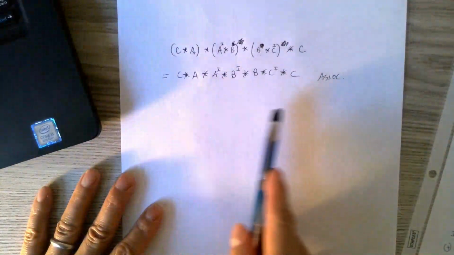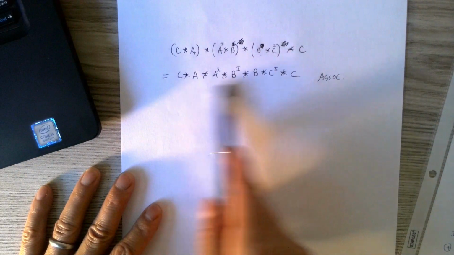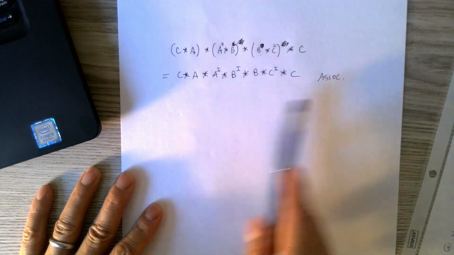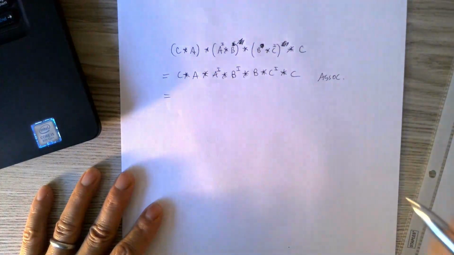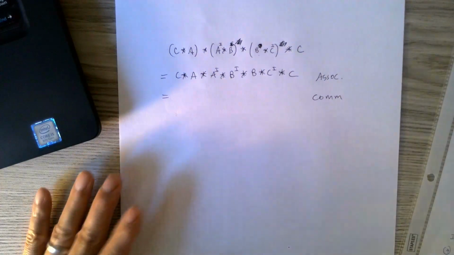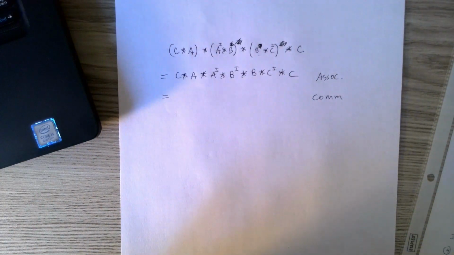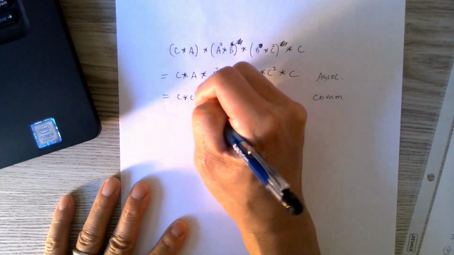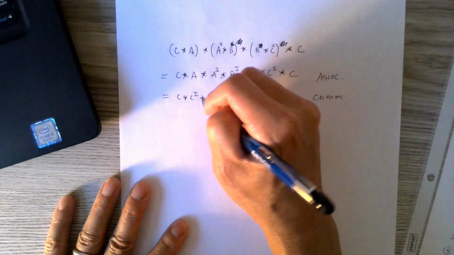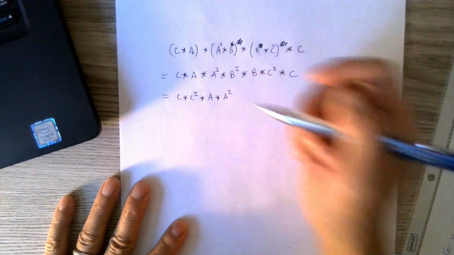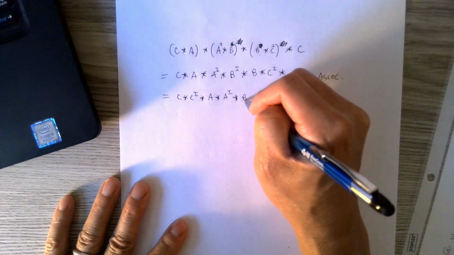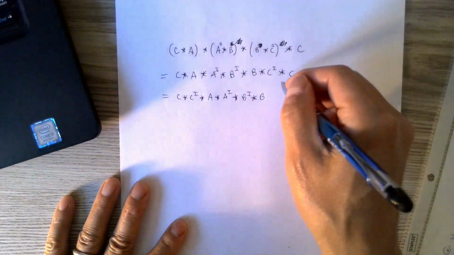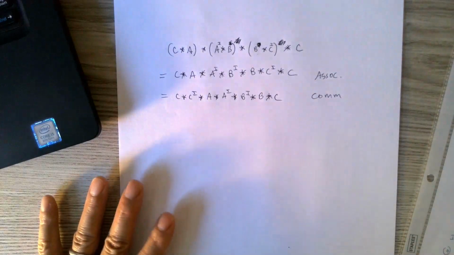Okay, so this is nice because all the parentheses are gone, and this allows me to use commutative property to move these elements anywhere I want. So I'm going to use commutative property next to put all my pairs of inverses together. So C's first, so I'll put my C and C inverse here, and then my A and A inverse right next to that, and then my B inverse and my B next to that, and then there's an extra C over here.